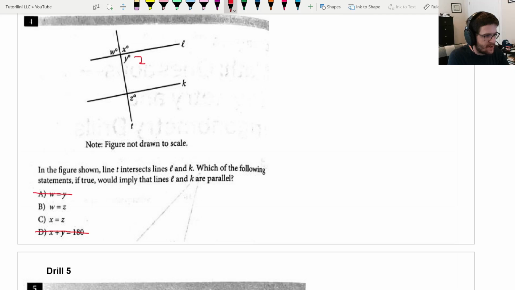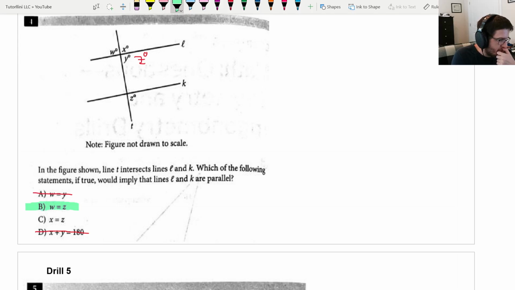I'll just pull the Z up here. So I see Z would be equal to Y if they were parallel, but that's not an option. So I go, what else is Y equal to? Well, Y is equal to W. So if Z were equal to W, it would also be equal to Y, and they would be parallel by corresponding angles.